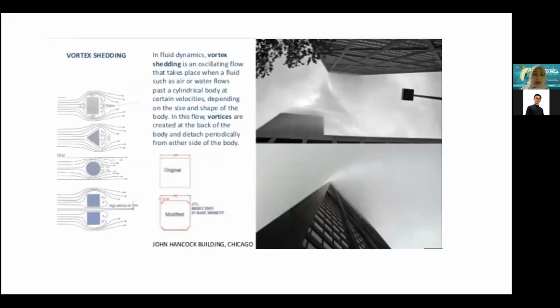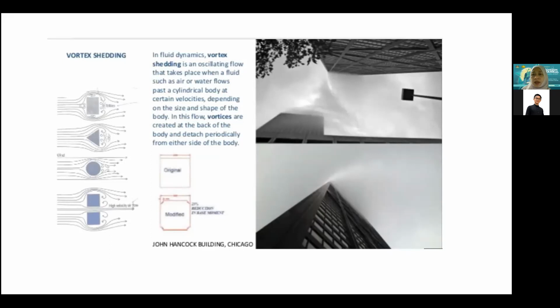So we also need to understand what vortex shedding is, the dynamics. In structure, they must have a damping system when the building goes higher. When the load gives an oscillating flow, the building can be dynamic, undulating at the upper part.